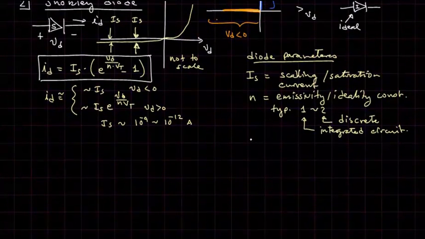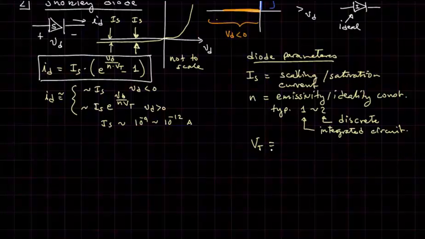Now we also have VT that showed up. This is actually not a parameter of the diode, but a parameter of the environment. It is kT over q, where q is the charge of an electron, k is Boltzmann's constant, and T is the junction temperature.